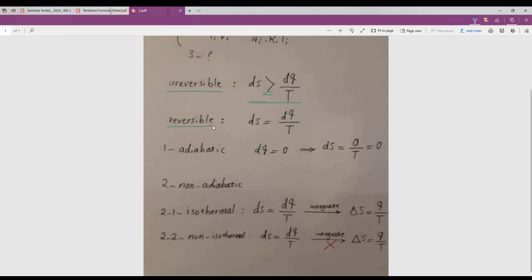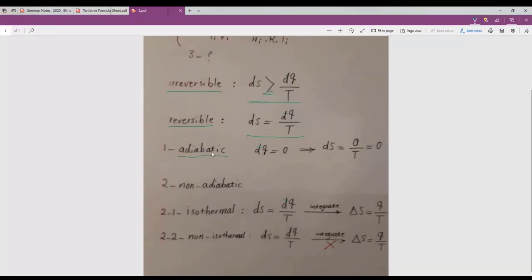In a reversible process, we can use equality, which means this equation can be used to calculate the change in the entropy of the system. In a reversible process, we can divide that process into two most important cases. In case 1, it is reversible and adiabatic.